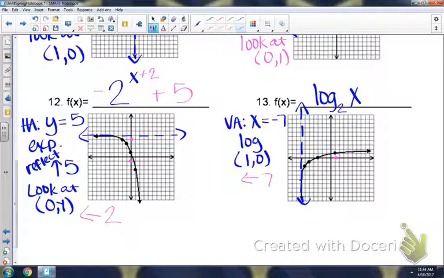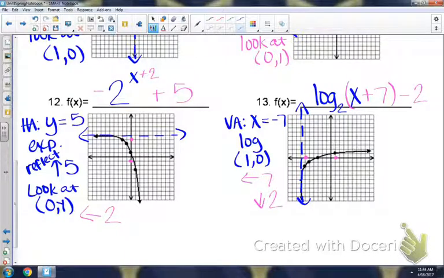So go ahead and shift that 1, 0 point. 1, 2, 3, 4, 5, 6, 7, which would be here. So notice you're going to have to go down 2 to get to that next point. So left 7 means we're going to have an x plus 7 in parentheses. And then down 2, we're going to have a minus 2 on the outside.